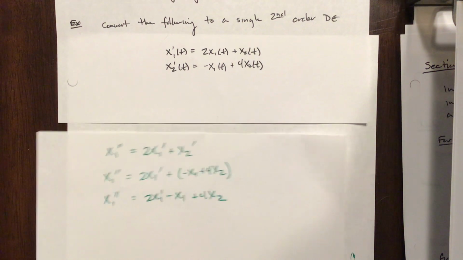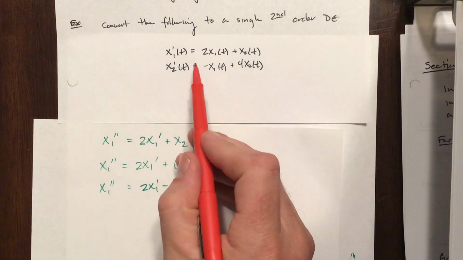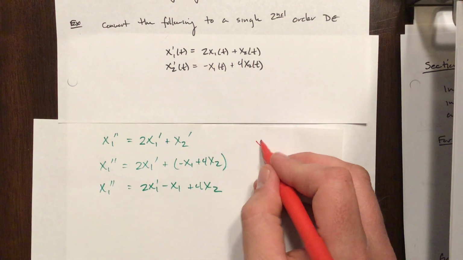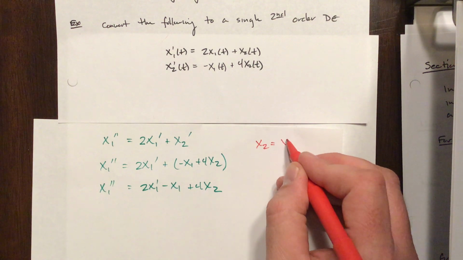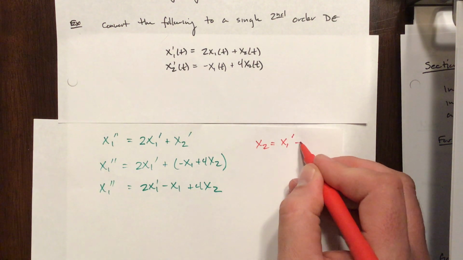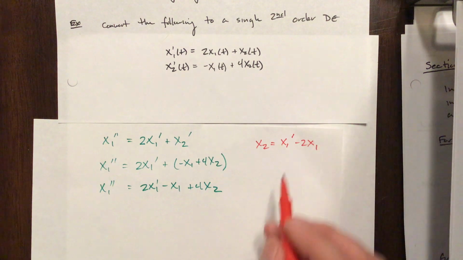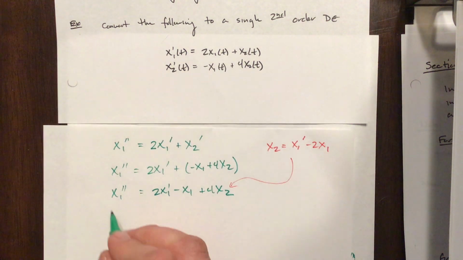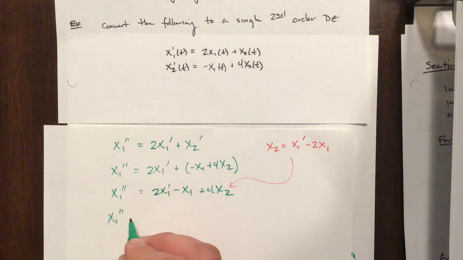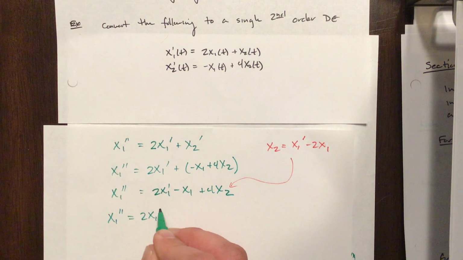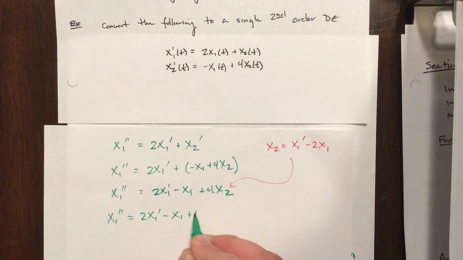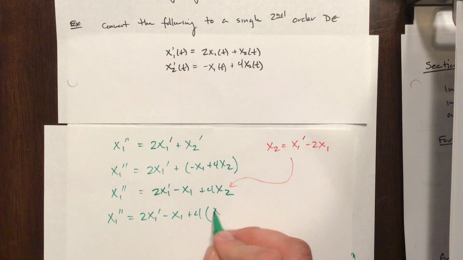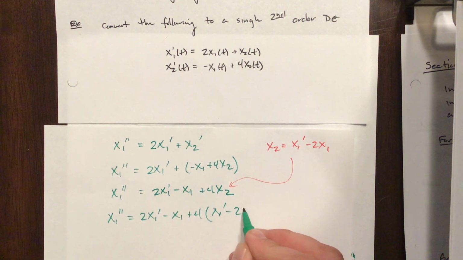So I'll write that in red here. And substitute that there. So x1 double prime equals 2x1 prime minus x1 plus 4 times x2, which is x1 prime minus 2x1.